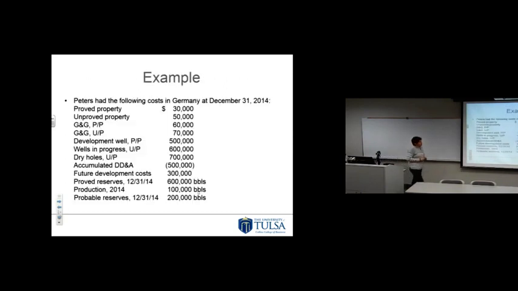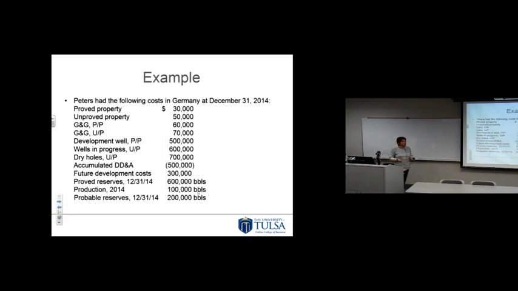Okay, so now we're going to come back and we're going to say Peters has the following cost in Germany at December of 2014. Proved property, $30,000. Unproved property, $50,000. G&G on proved property, $60,000. G&G that's capitalized on property that's currently unproved, of $70,000.